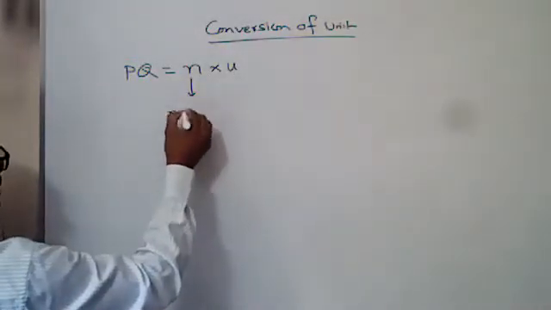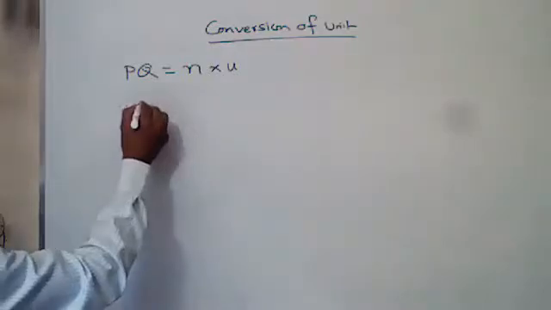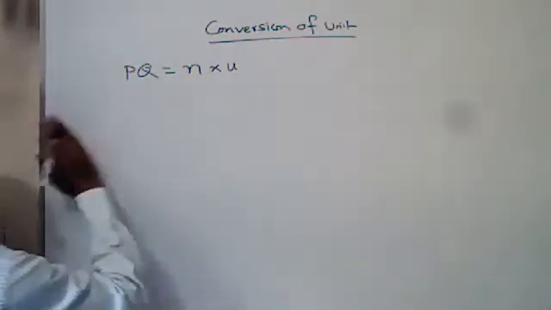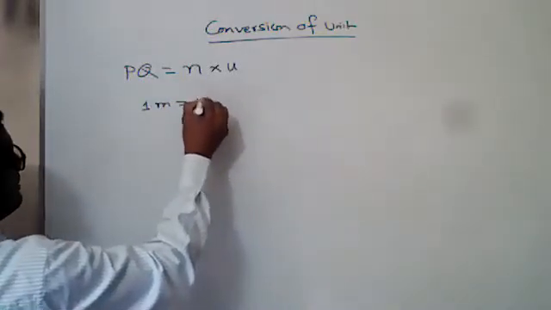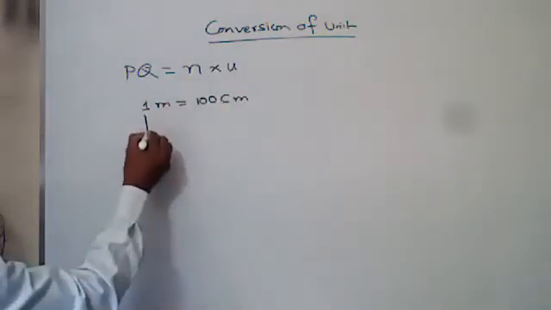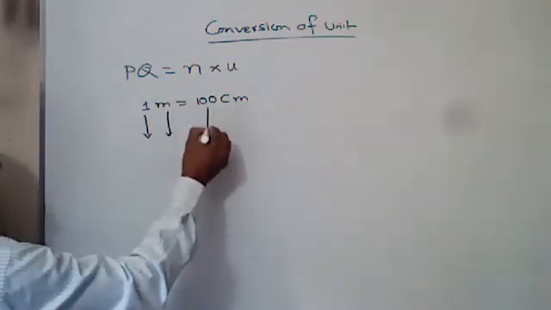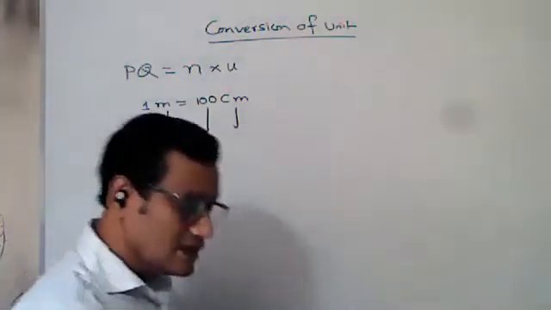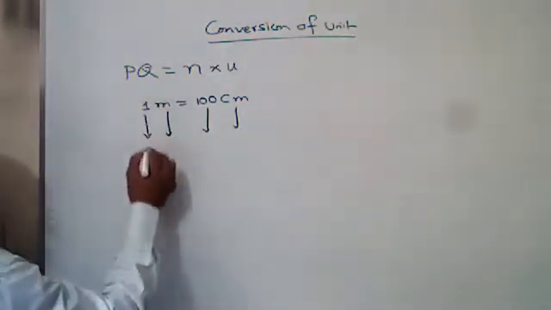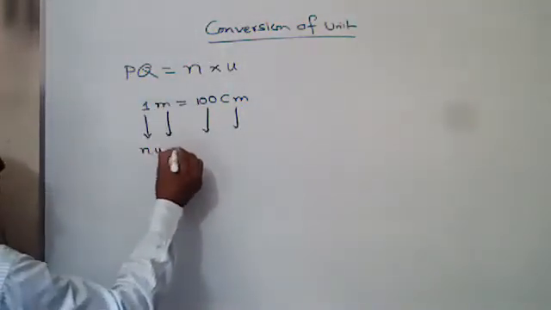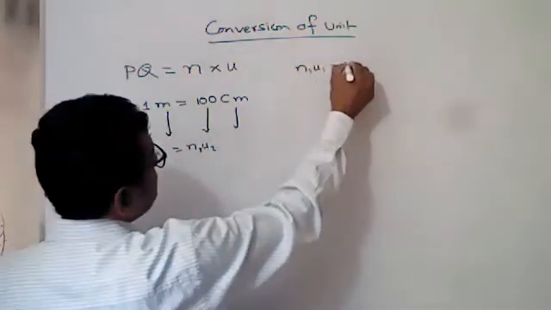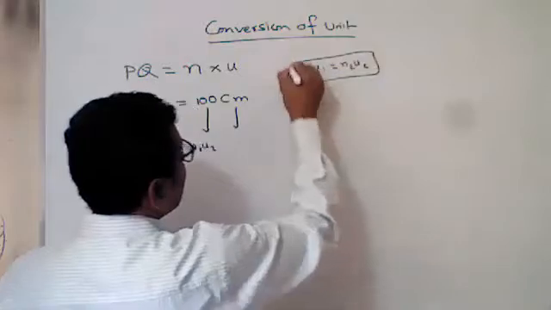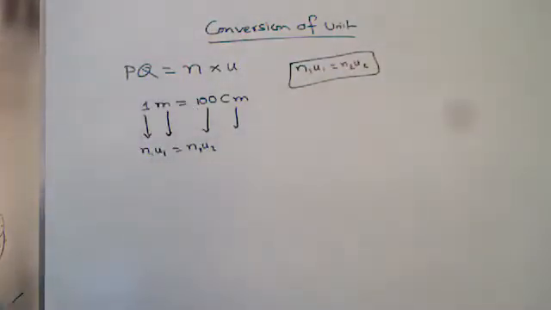Suppose 1 meter equals 100 centimeter. So 1 is the number, meter is the unit, 100 is the number, and centimeter is the unit. If 1 is N1 and the unit is U1, and this is N2, U2, you have to remember N1 U1 equals N2 U2.